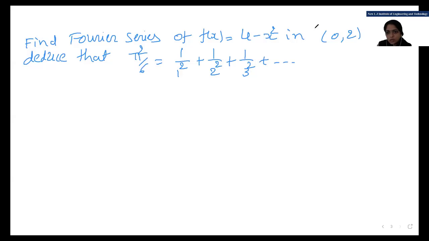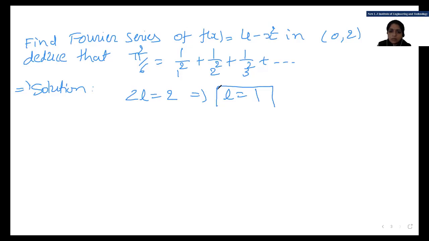Students, see your period, that is 0 to 2. As I told you, your starting point is 0 and end point is not pi. Your end point is a constant term, that is 2. So at that time, first you have to compare this 0 to 2 with 0 to 2L.